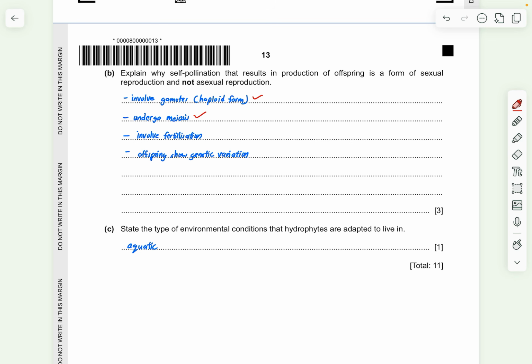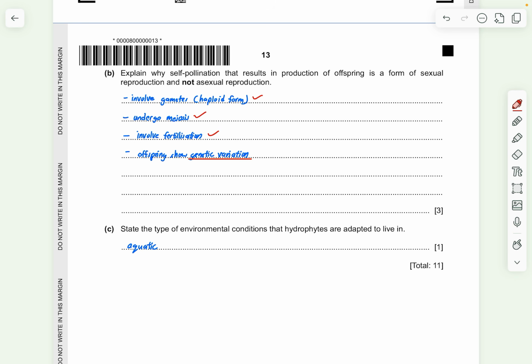Meiosis is where they divide the chromosomes from initially diploid to haploid. Then it involves fertilization because there will be fusion of the two gametes to form a zygote. And what happens? The offspring will show genetic variation because you are undergoing fertilization as a result.